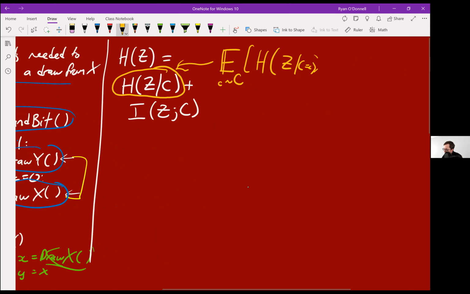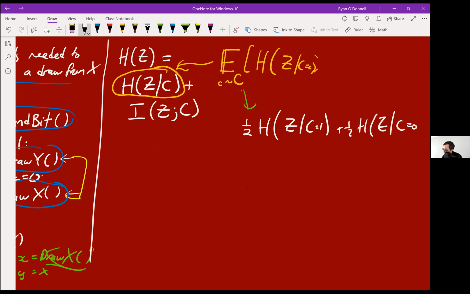Since C is a coin flip, it's really just half the entropy of Z conditioned on C being 1, plus a half the entropy of Z conditioned on C being 0. Okay, but this is X and this is Y. Right. I guess that's good. And then I suppose that's getting us part of the way there.